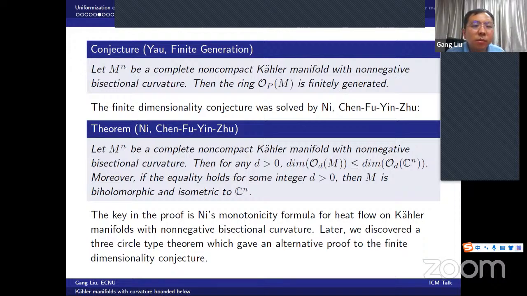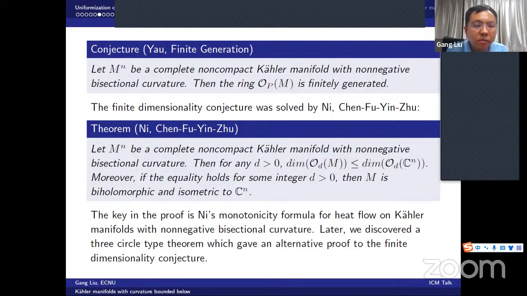The finite dimensionality conjecture was solved by Ni, Chen, Fu, Ying, and Zhu. In addition, they also characterize the equality: if the equality holds for some integer d greater than 0, then the manifold is biholomorphic and isometric to C^n.